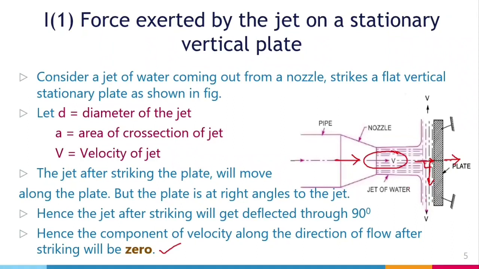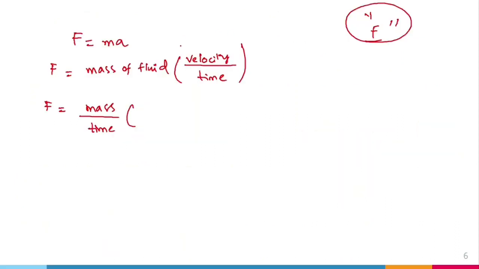So is the velocity constant before and after striking? Even after striking the plate, is the velocity v? No. So we don't substitute velocity directly. You would write two velocities: initial velocity minus final velocity.